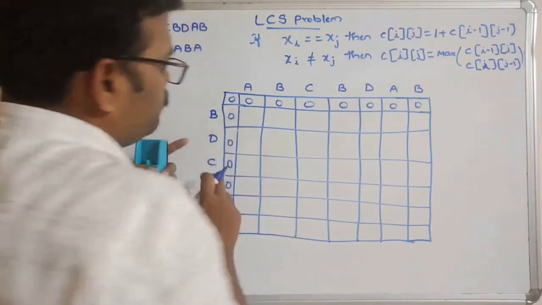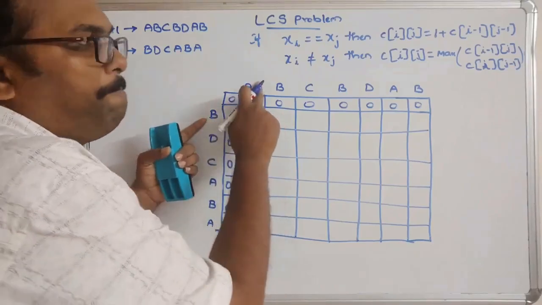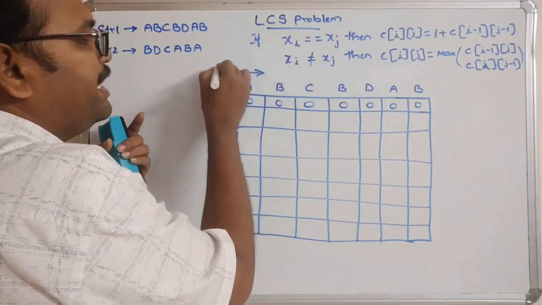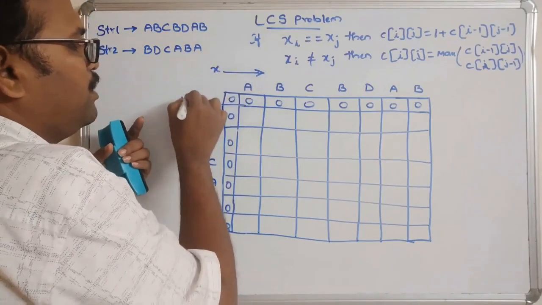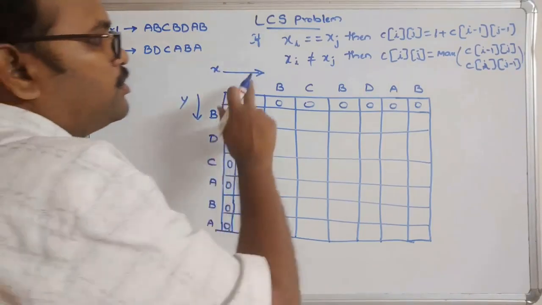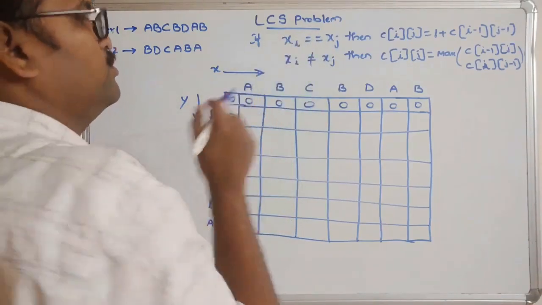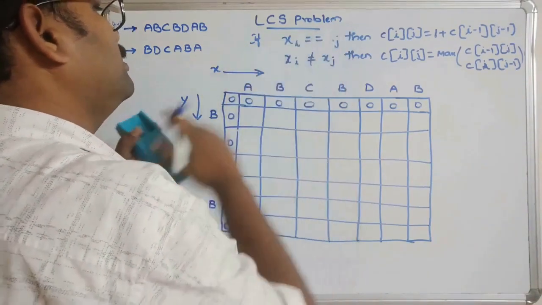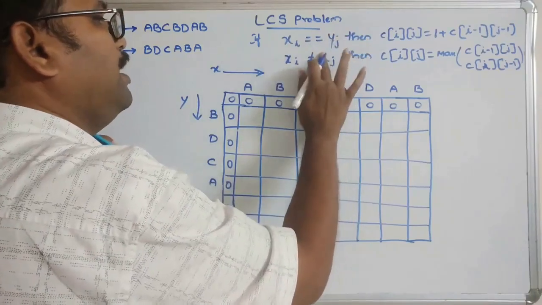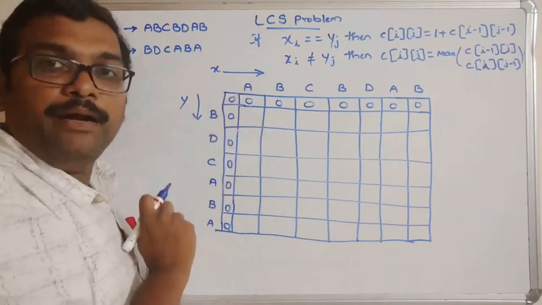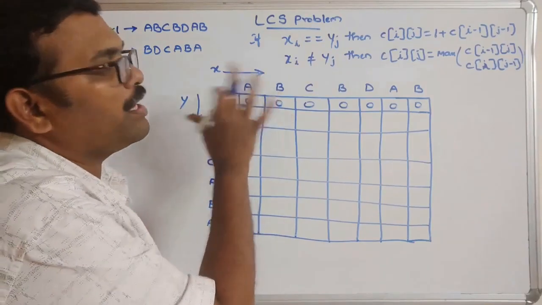Select this one, B and A. Let us consider this as x and this one as y. A and B are both compared, and we know that both are not equal.